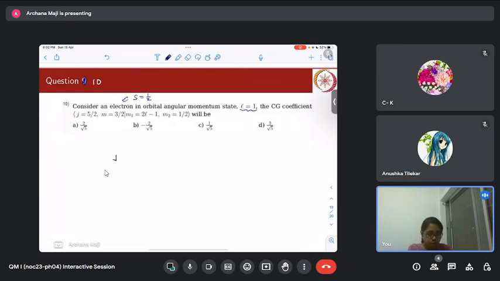So total angular momentum can take value from L minus S to L plus S, which is half less than equal to J less than equal to 3 half. So J can take values 3 half and half. So the question is actually not correct. I just wanted to point that out, because it's given J equal to 5 by 2, which is not possible for an electron which is in orbital angular momentum L equal to 1.